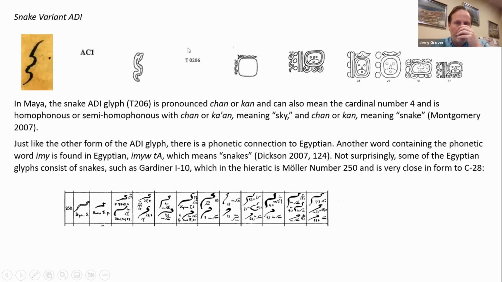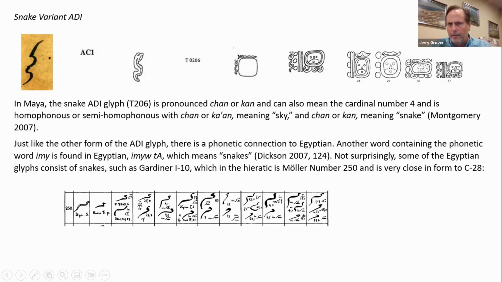Then the snake variant. Actually in Maya, they do have the ADI in this form, and it's a little snake that they put along the side, which actually matches the one version of the Characters document that has this little snake ADI.